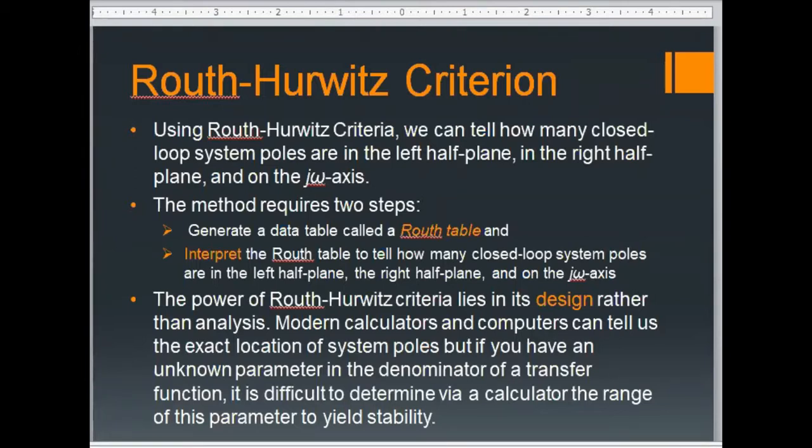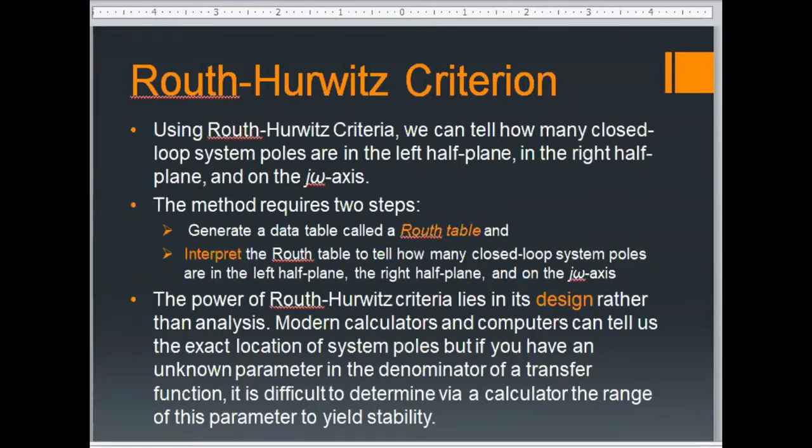The thing is that it not only tells you the stability or the position of the poles, but it also gives you the region of stability. Once you go into the design part of your course, you are interested in that. For example, if your system is unstable, it may not be unstable for all range of values. It may be stable for certain values and unstable for certain values.